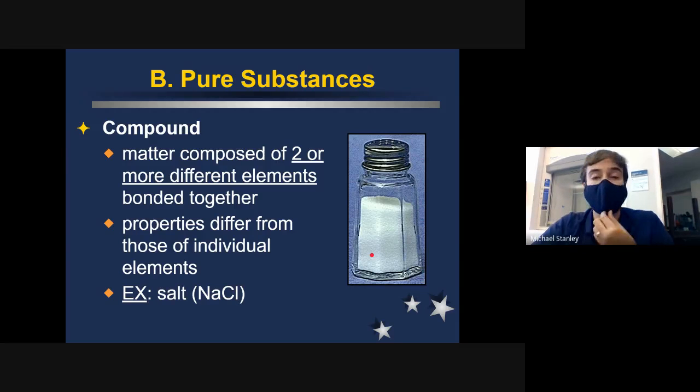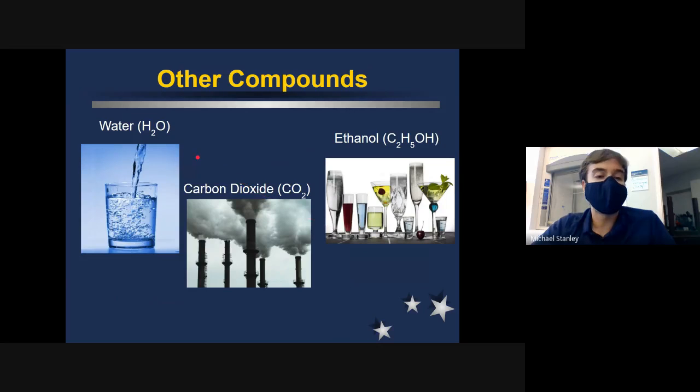Other common compounds that we may have talked about a little bit on Tuesday include things like water. So in water, you have two hydrogens and an oxygen. I believe these are usually making a covalent bond. So these are different atoms, but they're bonded to each other. The two hydrogens are both bonded to the oxygen atom.